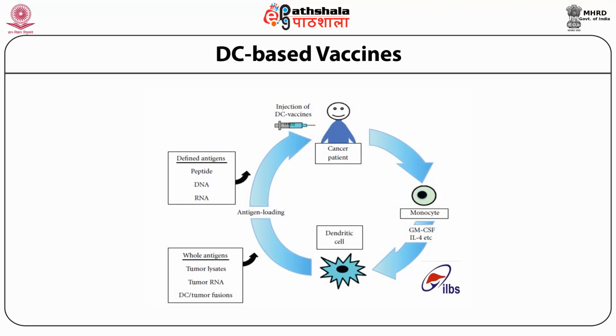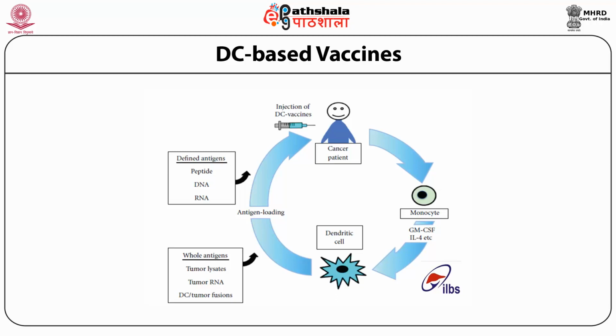From the cancer patient, you can isolate the monocytes from the peripheral blood mononuclear cells, and then you can give particular cytokines like GM-CSF and IL-4 and induce these monocytes into dendritic cells. Now the question comes: why can't I isolate the dendritic cells from the whole blood and infuse them into the patient?